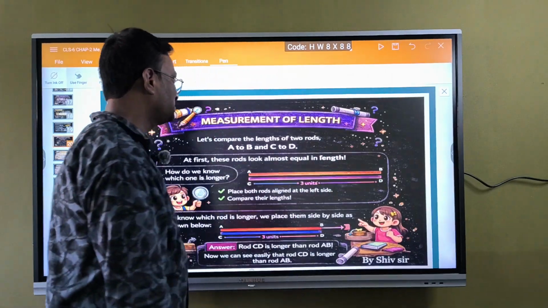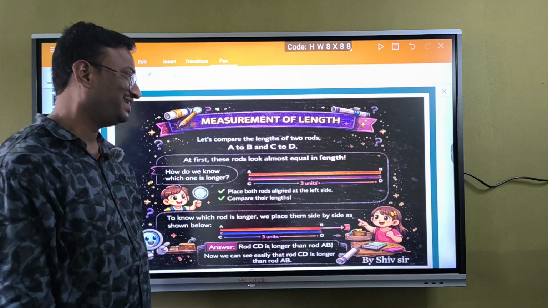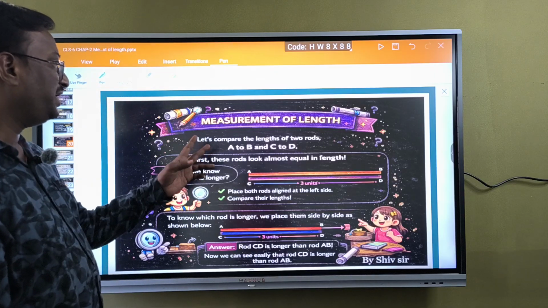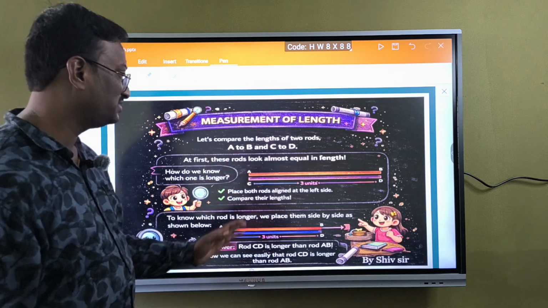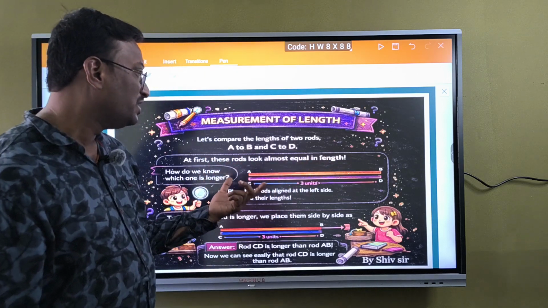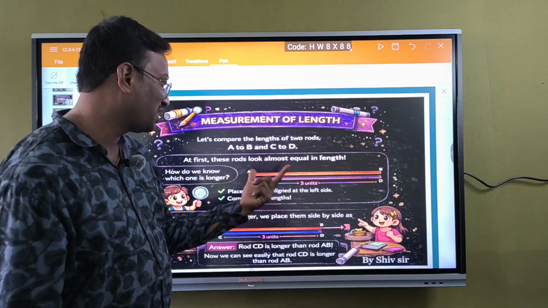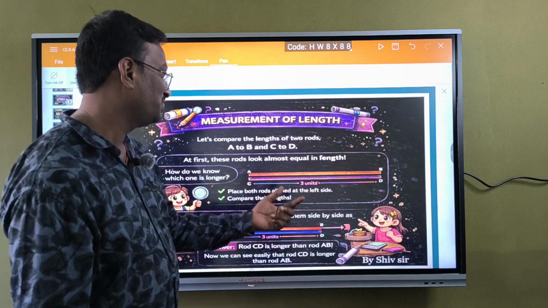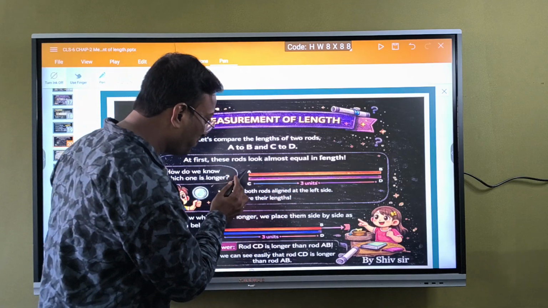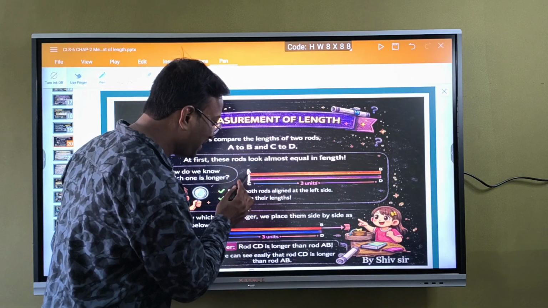Next we will discuss measurement of length. Let us try to compare AB to CD. At first these rods look almost equal. Place both the rods aligned at the left side, on the same line.